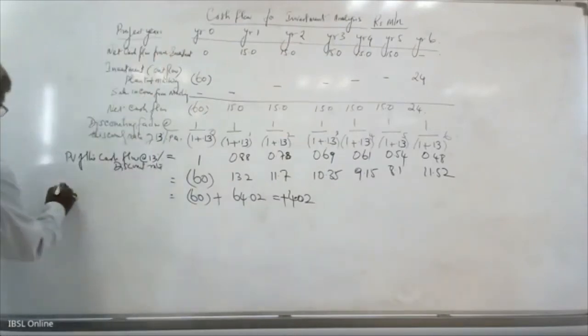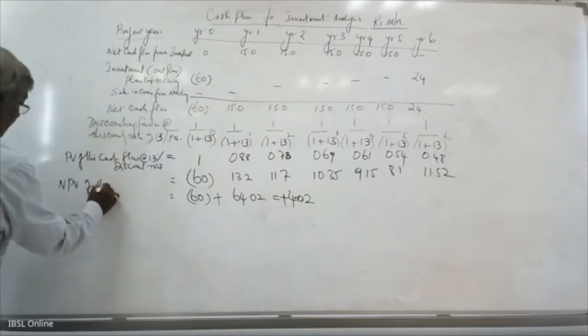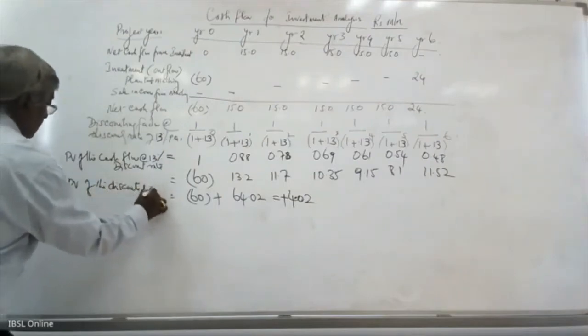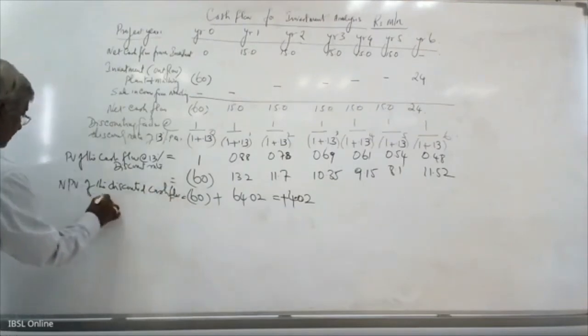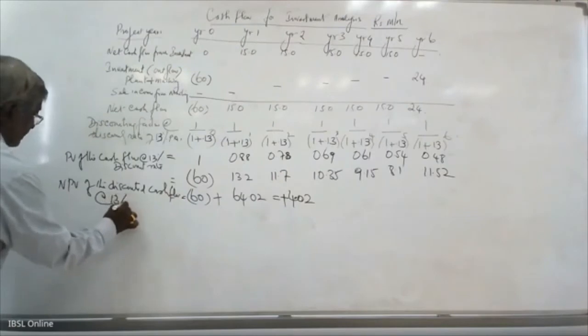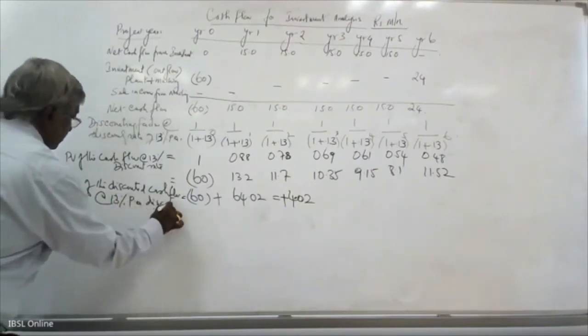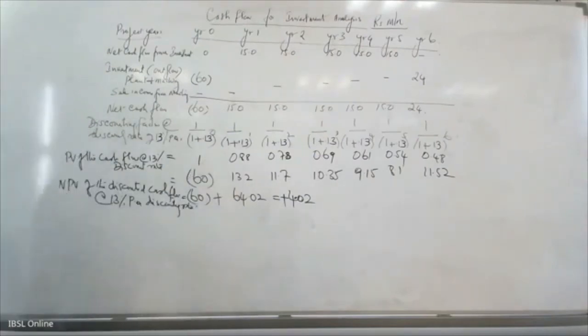Now this is the NPV, the net present value of the discounted cash flow at a 13% PA discounting rate.